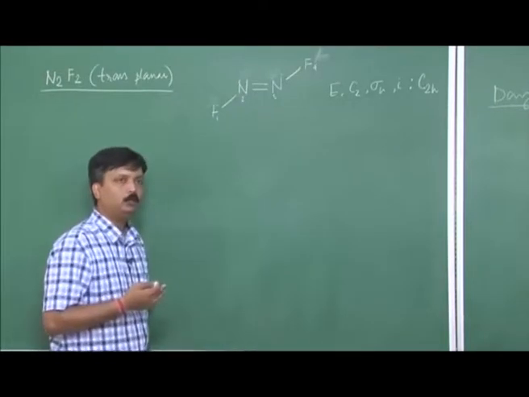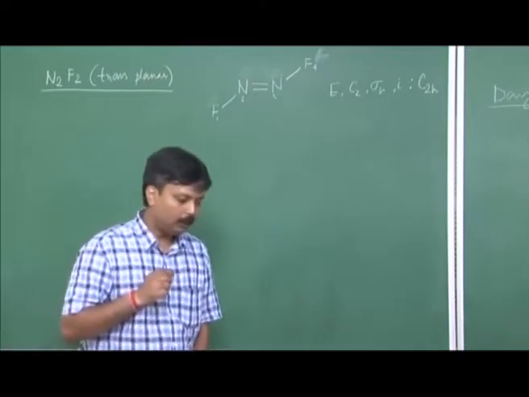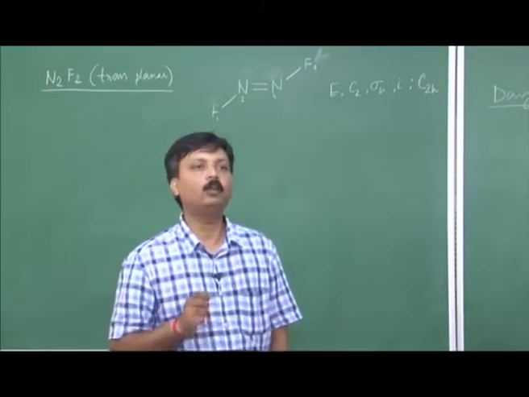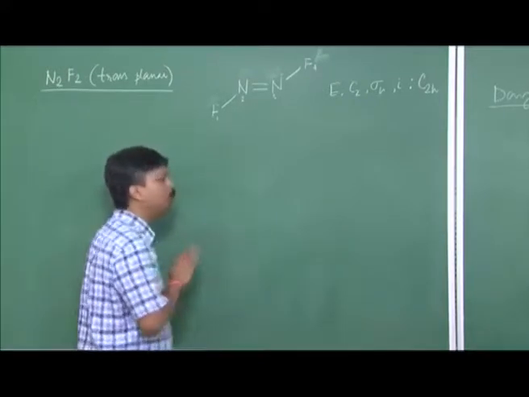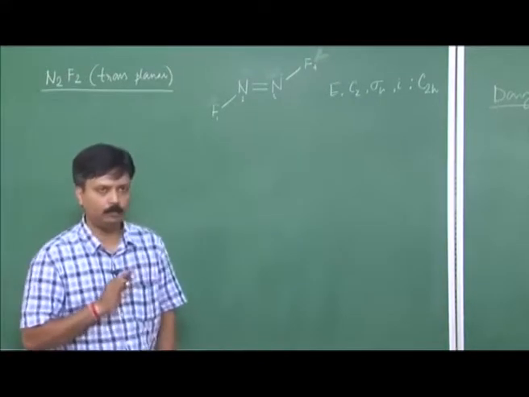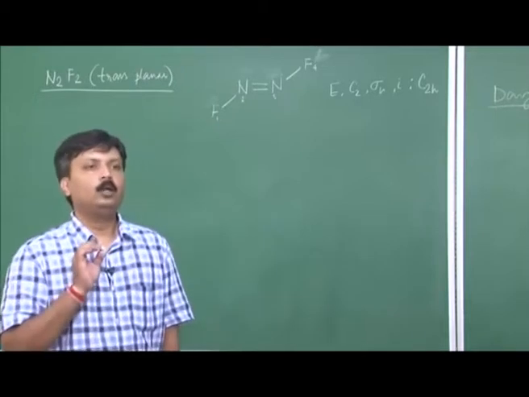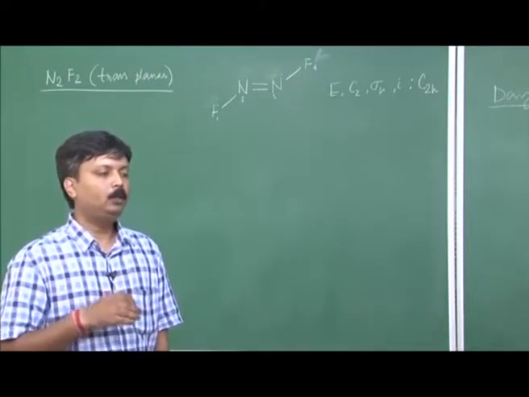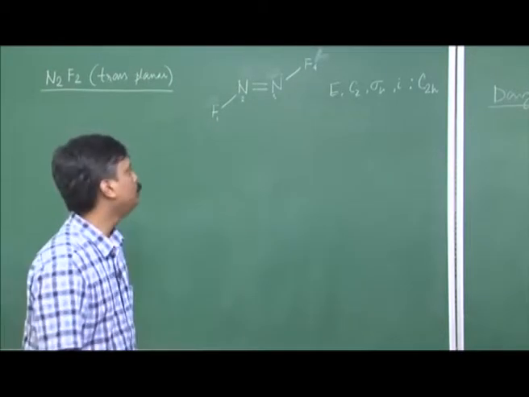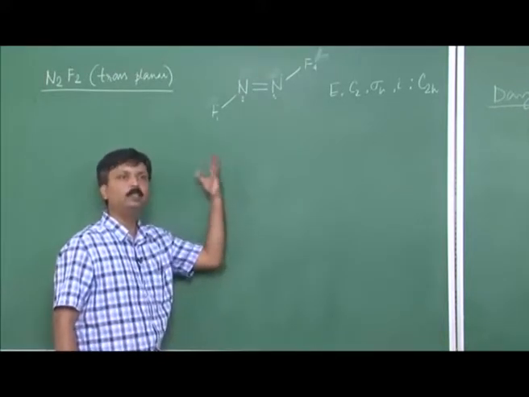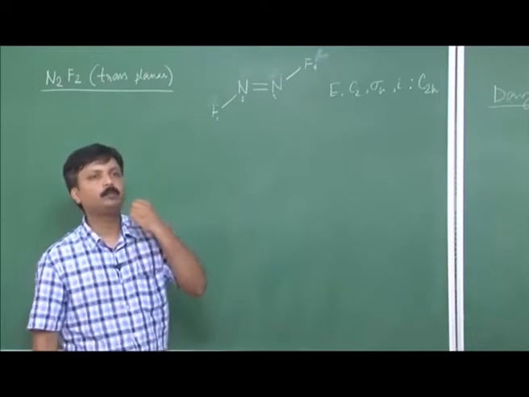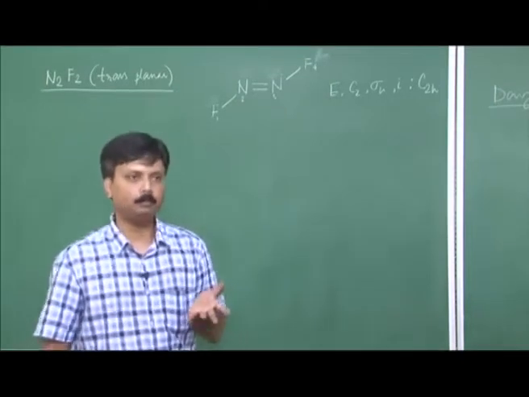Next, what are we supposed to do? Next we have to find the representation for this particular point group, and we have to choose a basis set for doing that. In these cases, when we want to deal with molecular motion, we generally choose the 3n Cartesian coordinate system on each and every atom.